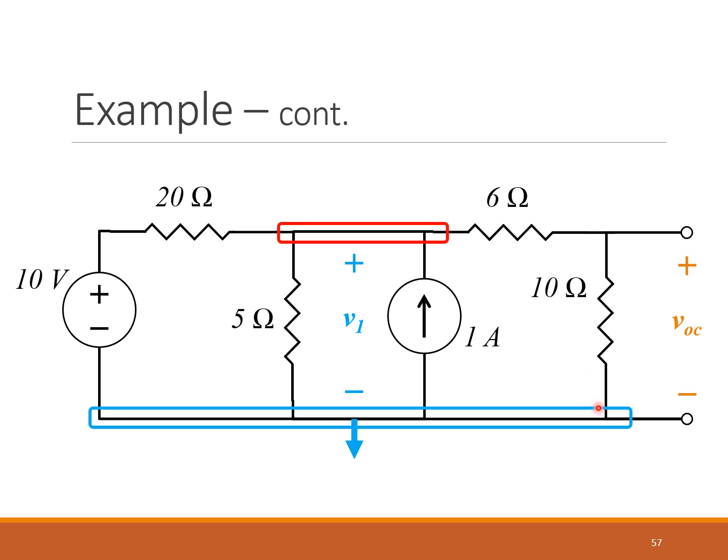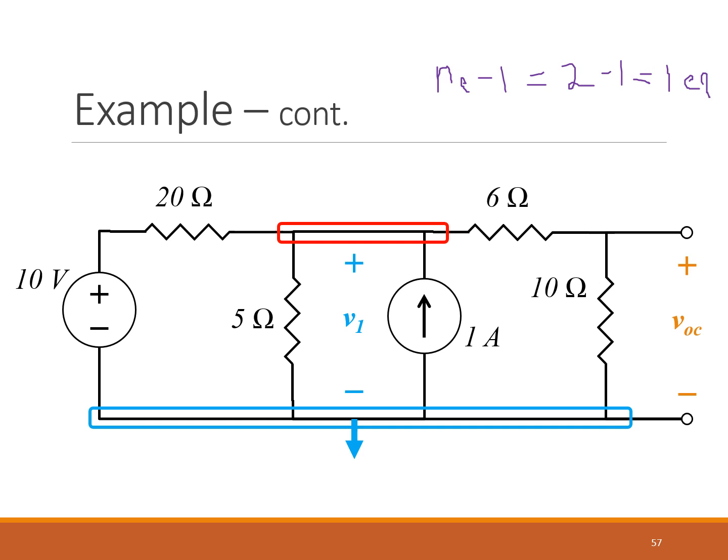And then down at the bottom, we have, of course, 1, 2, 3, 4 elements connected, so that's another essential node. So we have two essential nodes in this case, so we can expect that our N sub E minus 1 is going to be equal to our two essential nodes minus 1. So we're just going to have one equation to solve for. This should be relatively straightforward.